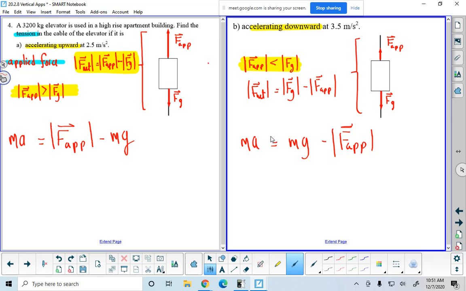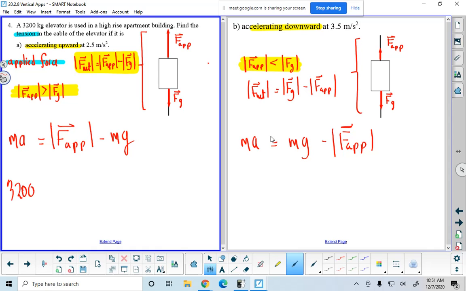So we are going to put in the mass, which is 3,200 kilograms, times the acceleration, which is 2.5, equals the applied force, which I'm just going to call the tension in the cable. Let's call it T, minus 3,200 times 9.81.